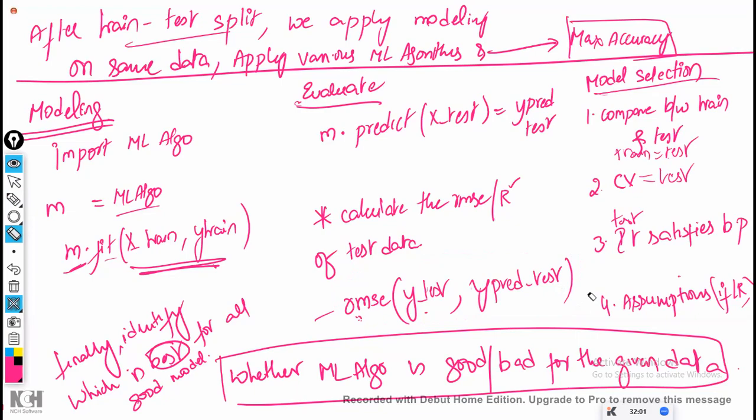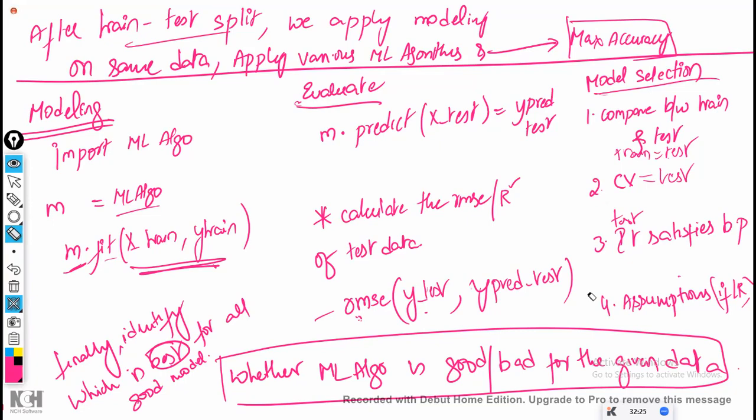First, modeling, evaluation, whether it is a good model or a bad model, conclude. And once all the models are completed, identify the best. These three things are fixed for the fixed data.